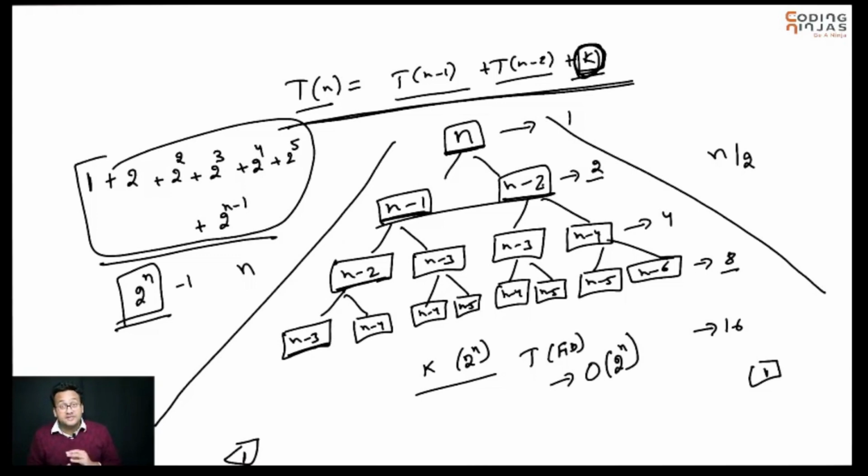2 to the power n is horrible. It's much worse than n square, it's worse than n cube, it's horrible.